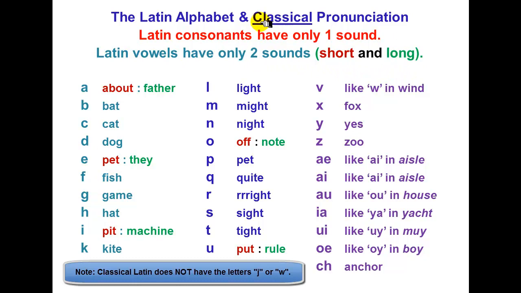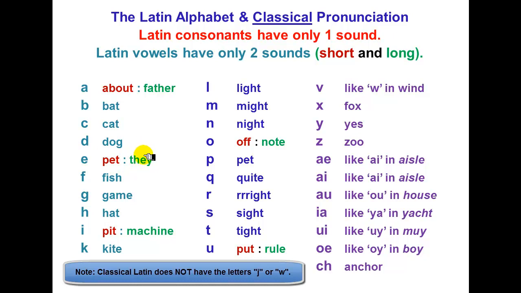Latin vowels are a little trickier because they can have two sounds. One is short, one is long. The letter A in Latin has two sounds: a short one, as in about, and a long one as the A in the word father. The E has a short E as in pet. The long E sounds like the E in the word they.